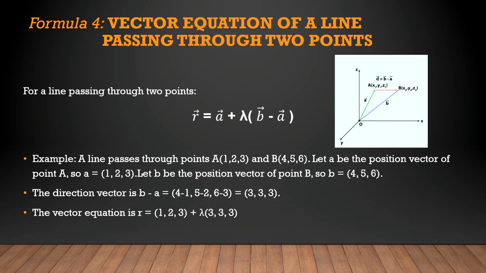So what will be b minus a? b minus a position vector will have coordinates 4 minus 1, 5 minus 2 and 6 minus 3, which is 3, 3, 3. So now according to the formula, the vector equation is r is equal to point A with 1, 2, 3 plus lambda into 3, 3, 3. So this is also how you can get the vector equation of a line.